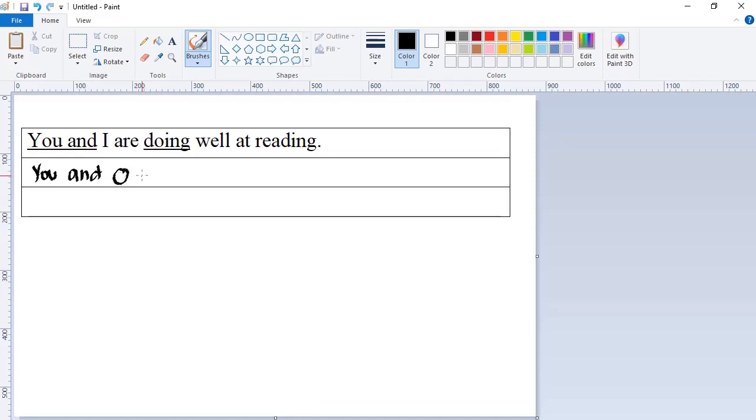R is represented by your R. And then "doing," we just copy it. "Well" is represented by your L stroke. And "at" is represented by your T stroke. And then "reading," we have R, E, D, I-N-G. And then, of course, don't forget your period. So that should be your output.